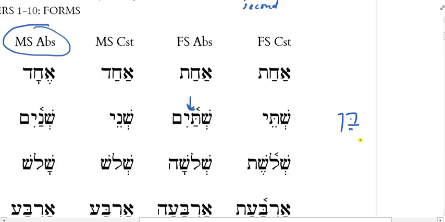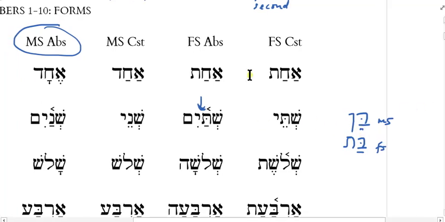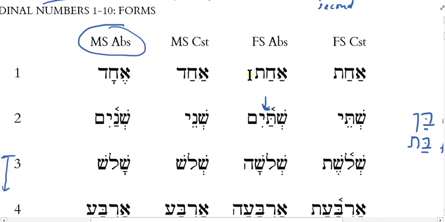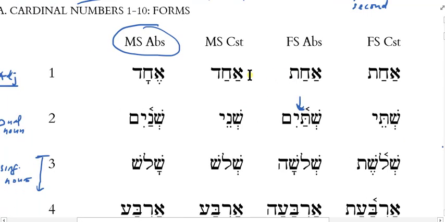What's a female son? The singular is bat. So ben becomes bat. This is masculine singular. Bat is feminine singular. I just want you to see that this form ends with a nun. The feminine form ends with a tav. And that's sort of like what we're seeing here. Shenayim, masculine. Shtayim, feminine. Both of them have ayim because they're dual.